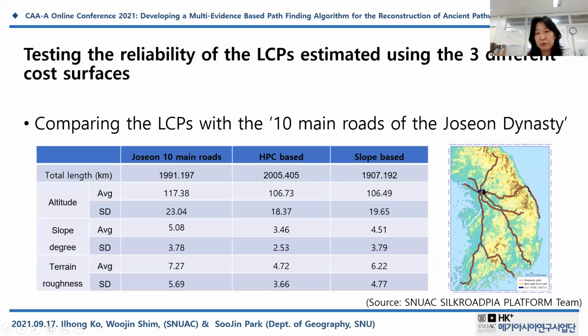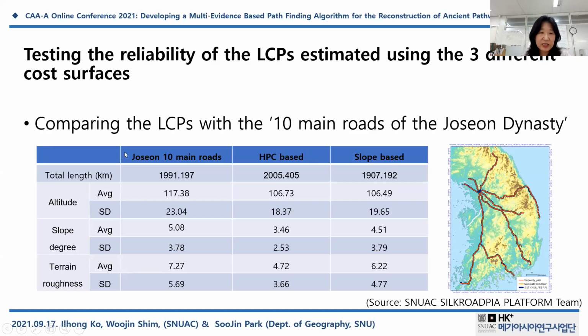So we selected the beginning and end points of all of these 10 main roads. And then we modeled paths using both the hillside position classification-based cost surface and the slope-based cost surface.